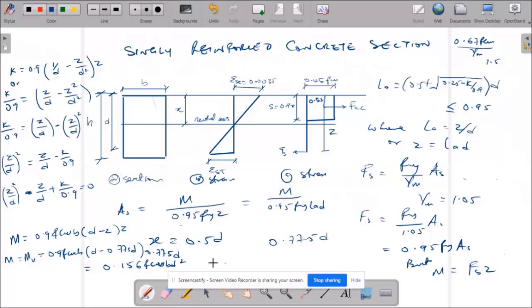When the applied moment is greater than the ultimate moment, it means we must provide compression reinforcement. So the next example we're going to look at is for doubly reinforced concrete.